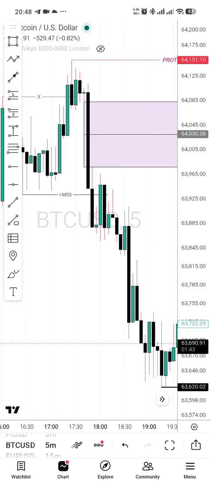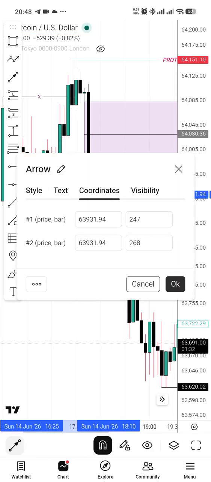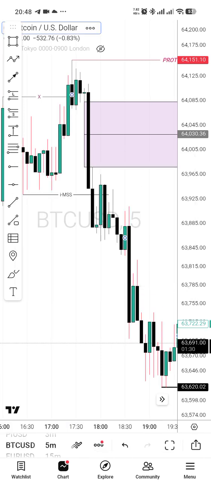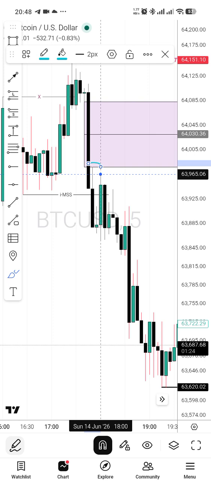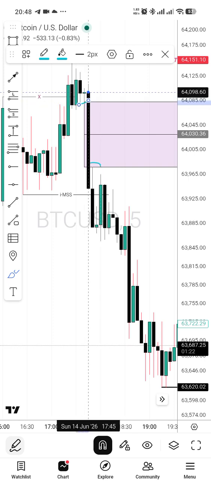Just like here, look at this small candle here, this long bearish candle, and this other one below here. Look at the wick of this candle here and the wick of this other candle here.